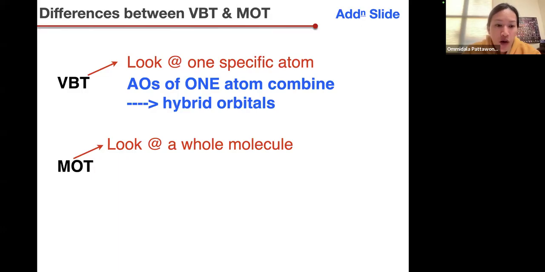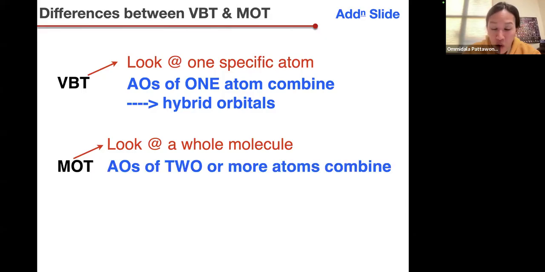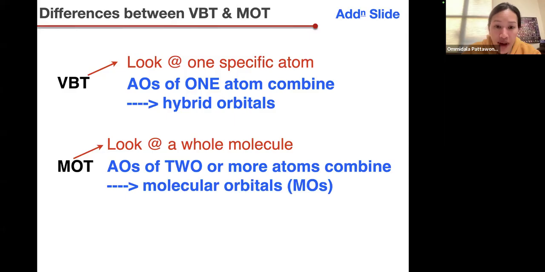But for molecular orbitals, you combine atomic orbitals of two or more atoms together, and it results in molecular orbitals, or MO. So hybrid orbitals come from valence bond theory, and molecular orbitals come from molecular orbital theory. They are different.